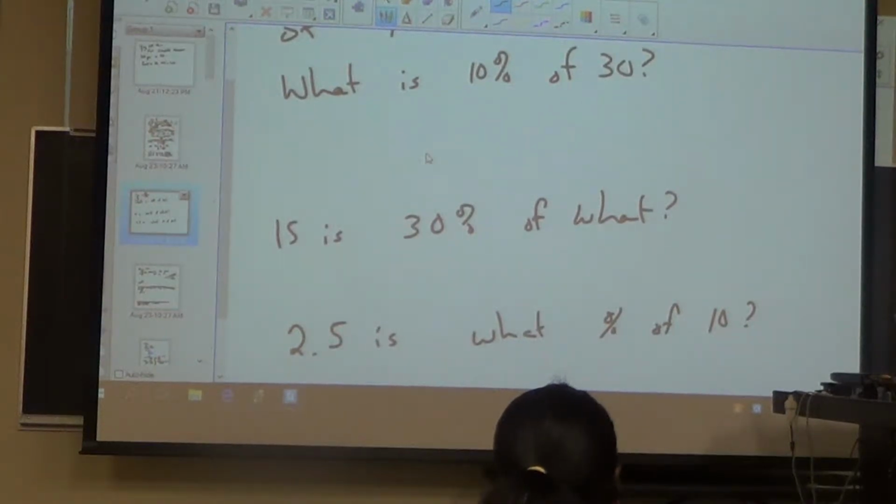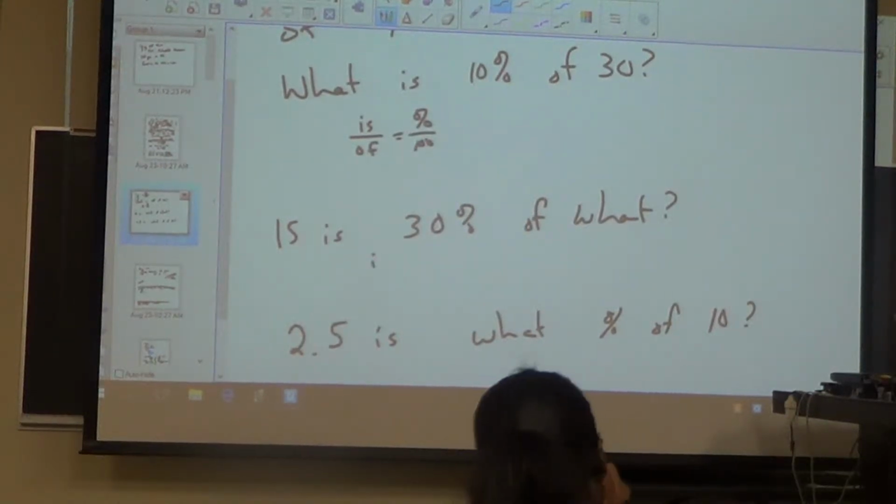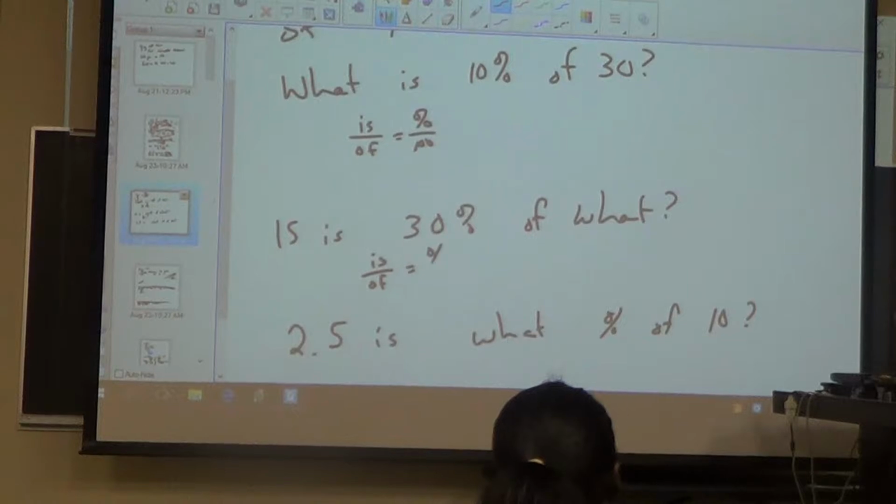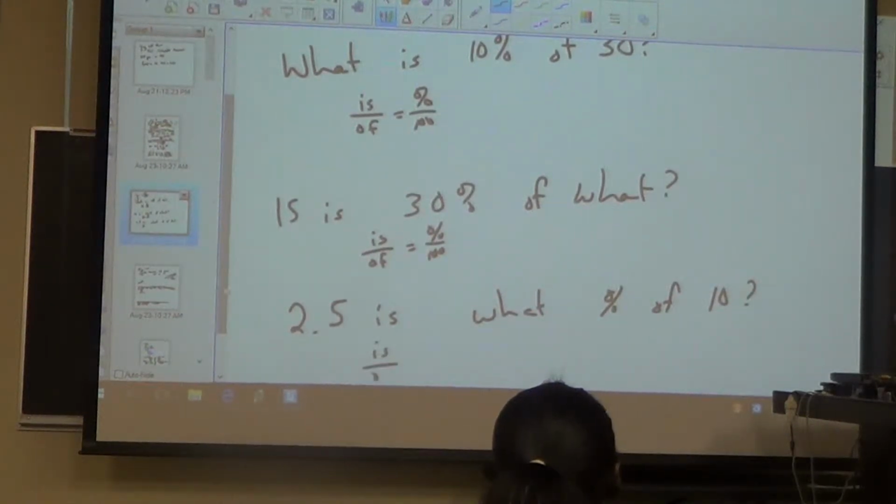When they're short, cute, have a couple of numbers and a couple of words, and the words are is, of, and percent, these are screaming is over of. So all three of these problems are is over of equals percent over 100.